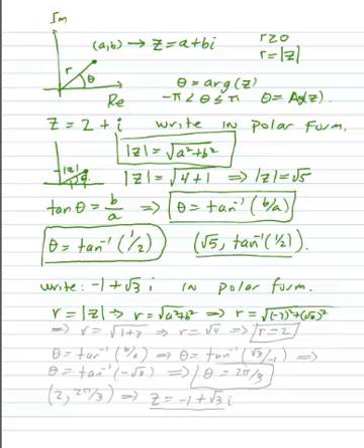And simplifying, we would have r is the square root of 1 plus 3, or r is the square root of 4, which is 2.